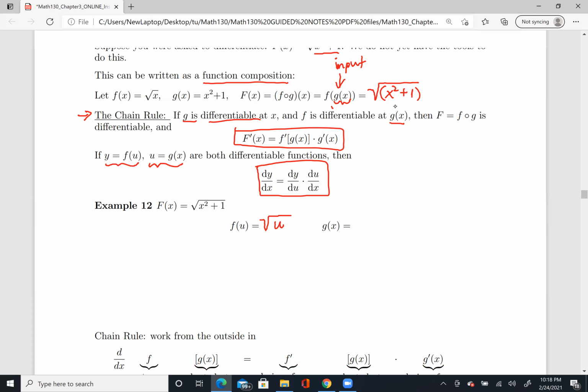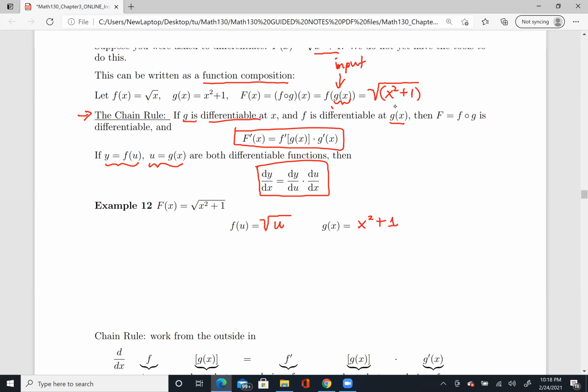Then g of x is the inner function, which is x squared plus 1.